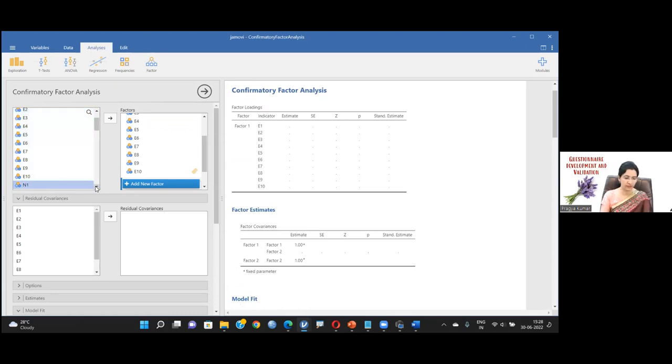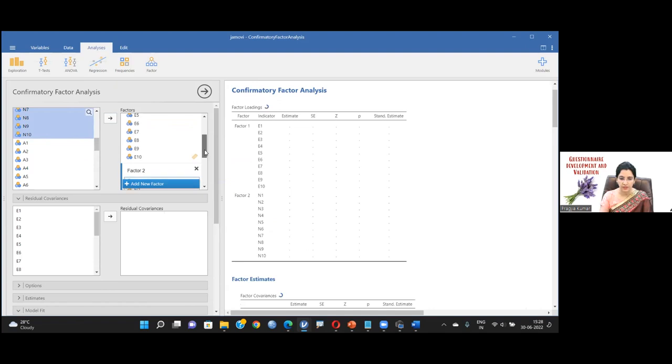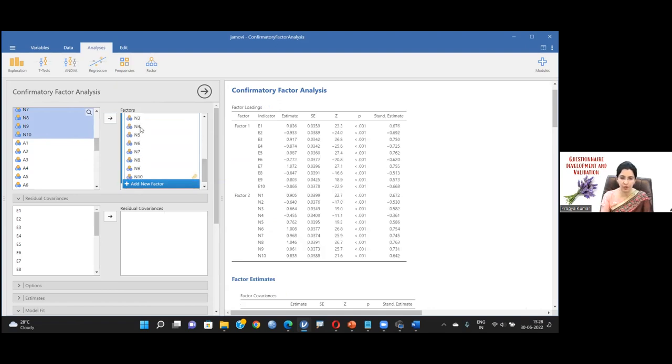N4 was not there, so I will first shift these to this new factor. You have to keep on adding factors.